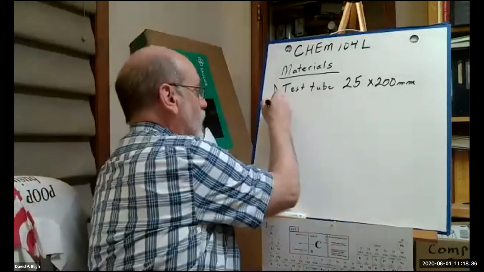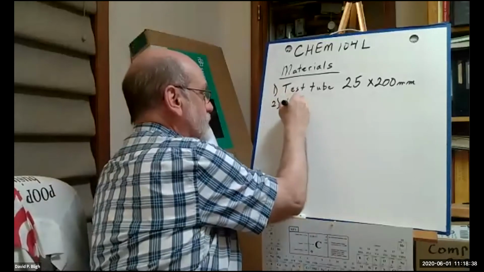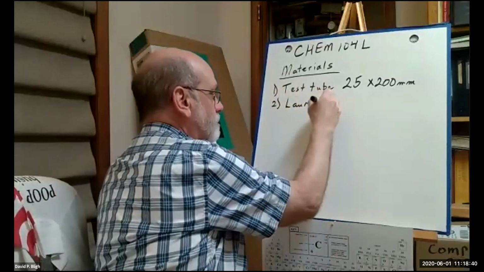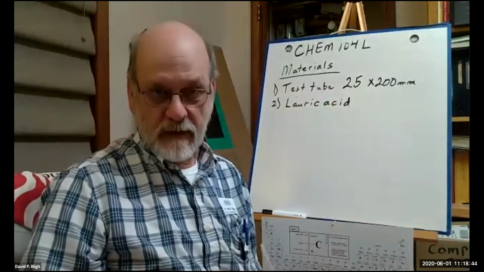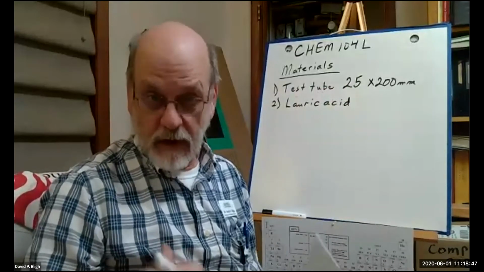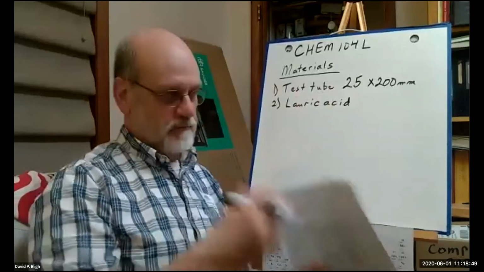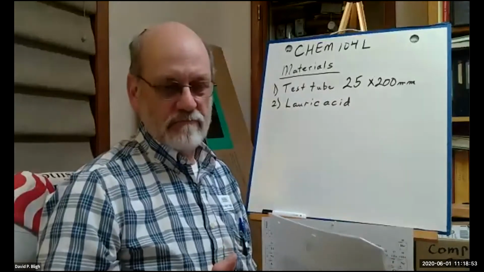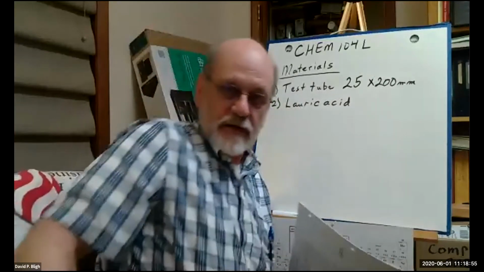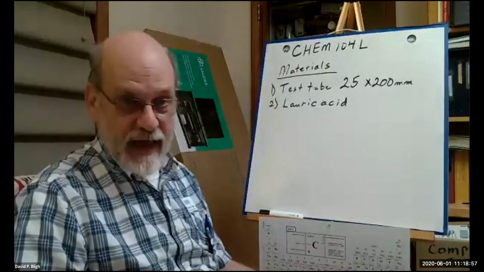Well, we need our lauric acid. Right? Lauric acid is a fatty acid, and we've all got some in our bodies. They're in a compound with glycerol to make a true fatty acid.